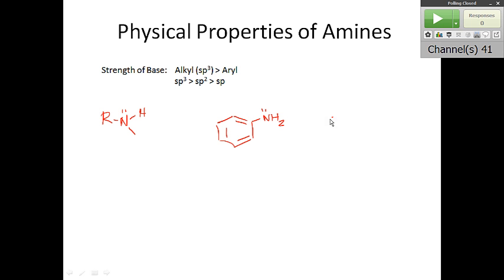But if I was to take that and write it out how it would normally look, here's what happens. The nitrogen's lone pair now gets extended into the conjugated system of the benzene ring. We know in the benzene ring all these p orbitals are conjugated.